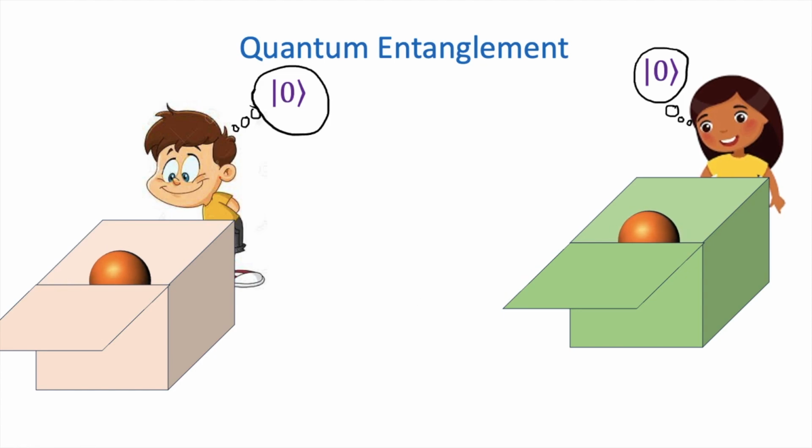Now in another set of particles, if you follow the same process of opening, you may find the horizontal vibrational mode. Here, as these two particles are entangled with each other, when one particle is in ket 0 state, the other particle is also in ket 0 state, and if one particle is in the ket 1 state, the other is also in the ket 1 state, which is shown by the horizontal and the vertical vibration of these particles.